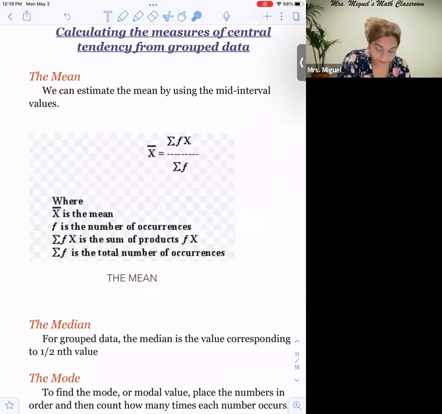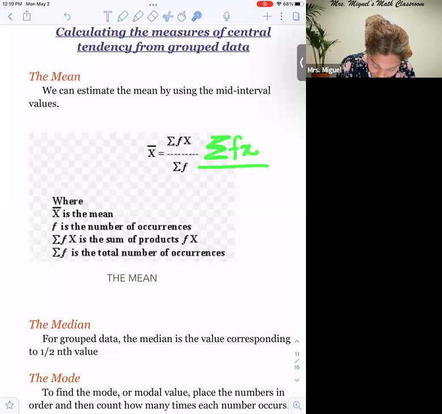I want to point out this set of data is grouped. It is arranged in intervals. It is different from the first set of data that we met early on. This is not raw data. Well, it was raw data, but we grouped it in intervals. The formula for the mean is the sum of f of x divided by the sum of the frequency.